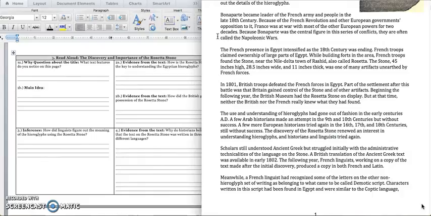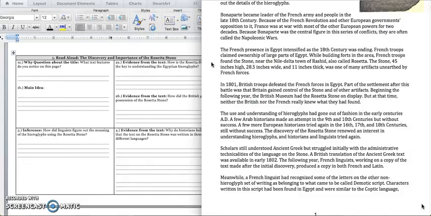Because of the French Revolution and other European governments' opposition to it, France was at war with most of the other European powers for two decades. Because Bonaparte was the central figure in this series of conflicts, they are often called the Napoleonic Wars. The French presence in Egypt intensified as the 18th century was ending.